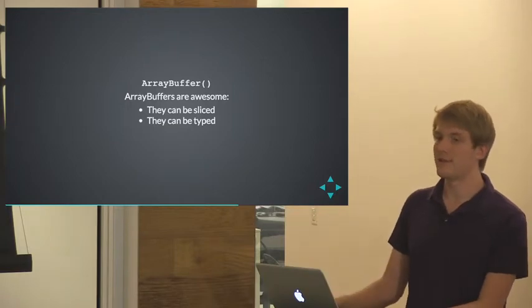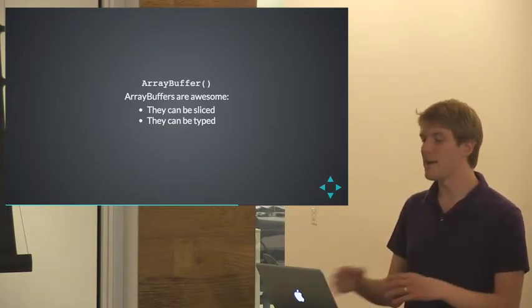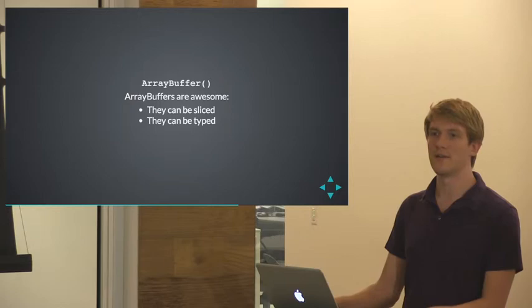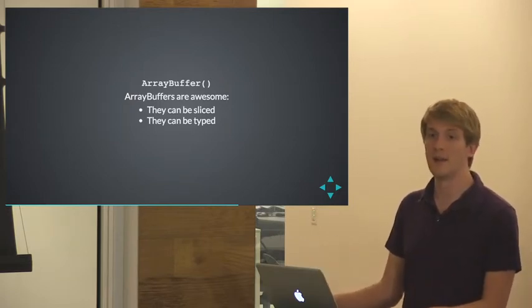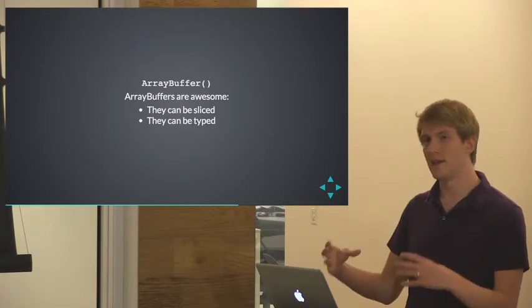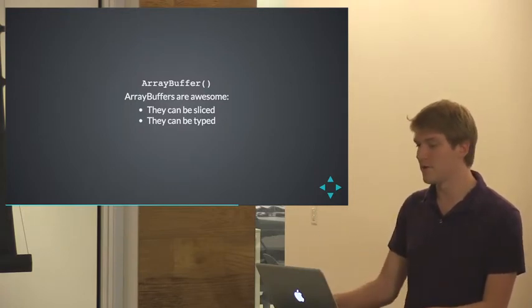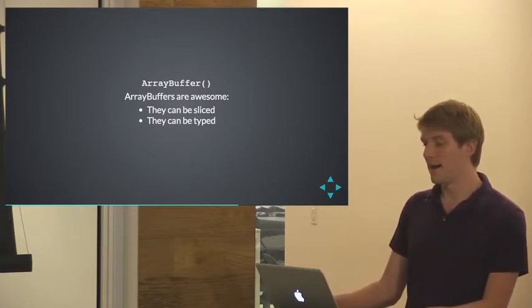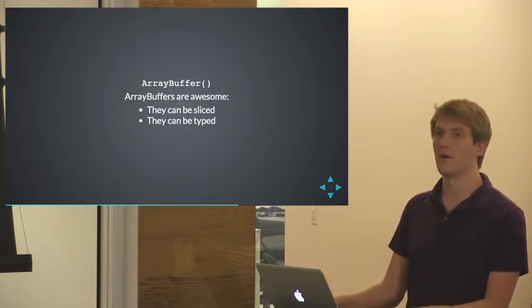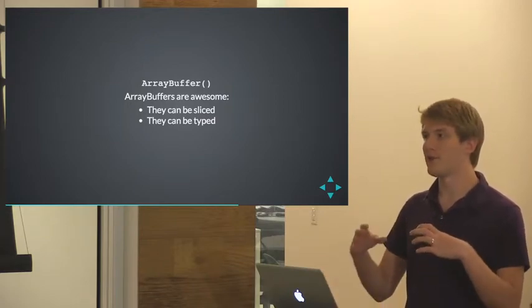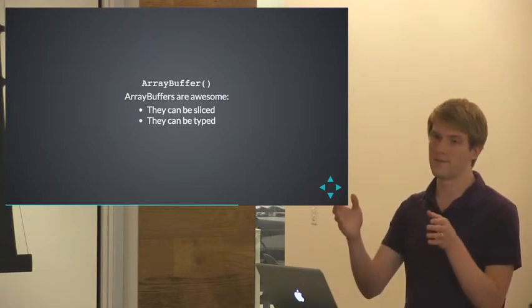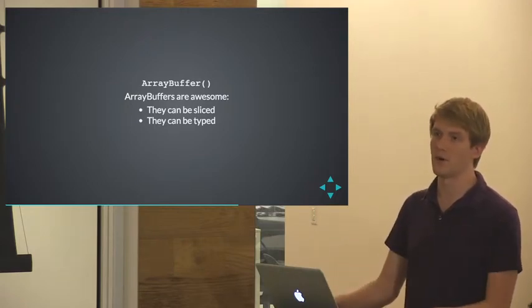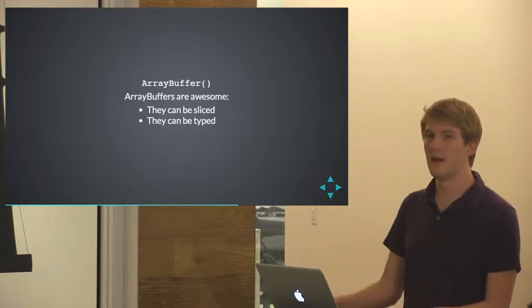They can be sliced because with an array buffer, everything has to be in memory. So unfortunately, when you're dealing with a 10 megabyte file, you have to have 10 megabytes in your computer's memory. But you can slice those. So you can create basically sub-array buffers, like grab the first 2 megabytes, pass it off to a worker, and then free everything.